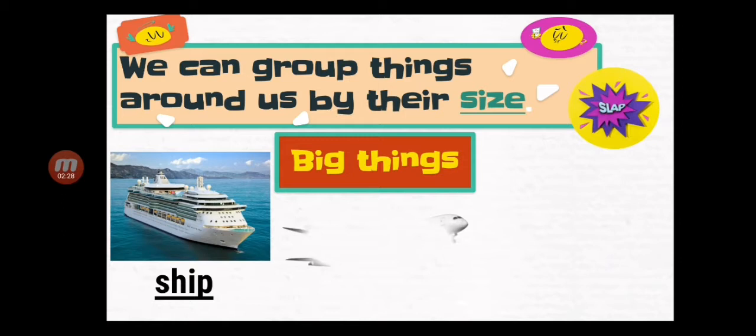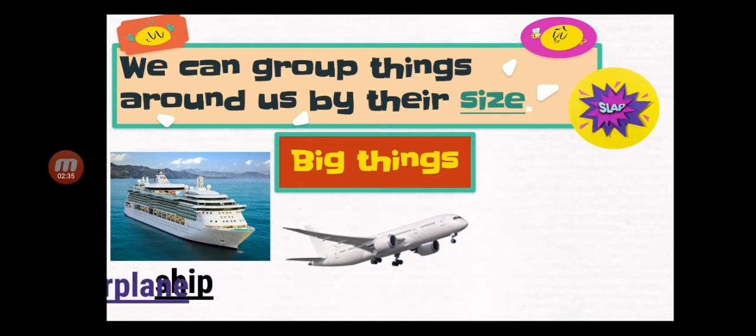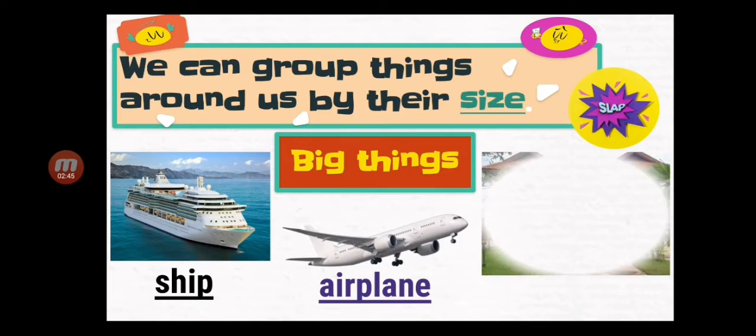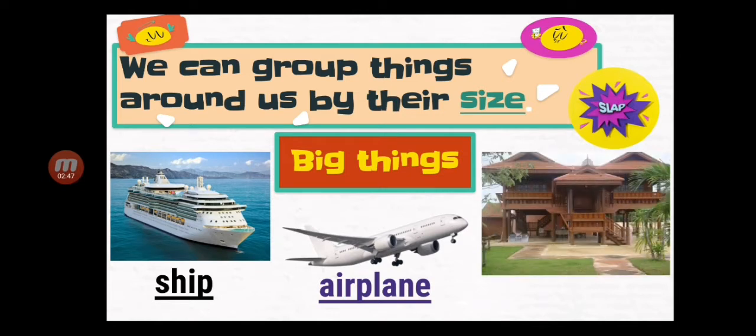Another one here. I know you are so familiar with this thing. Airplane. Very good. Airplane also is an example of a big thing, right? Yes, very great. Okay, next. Do you know what that is?